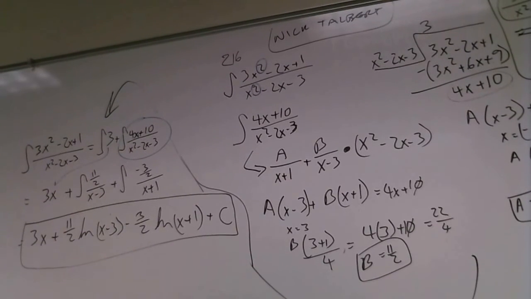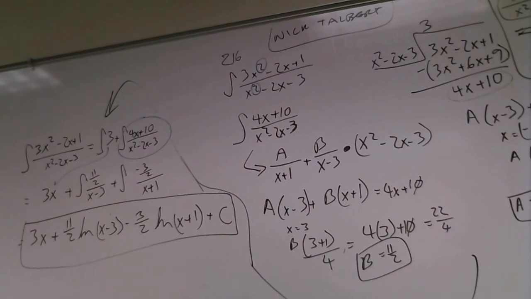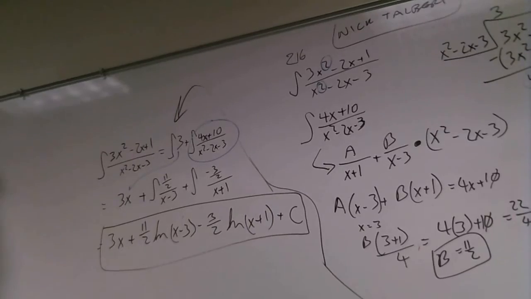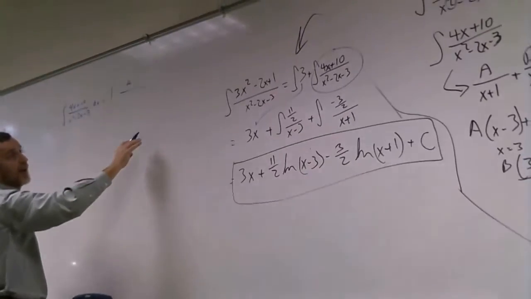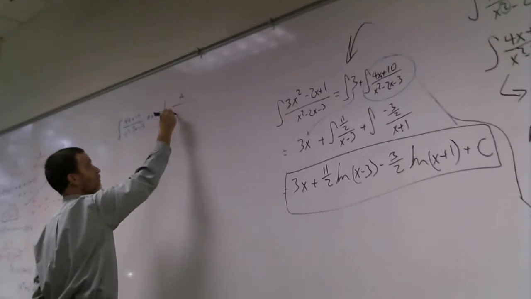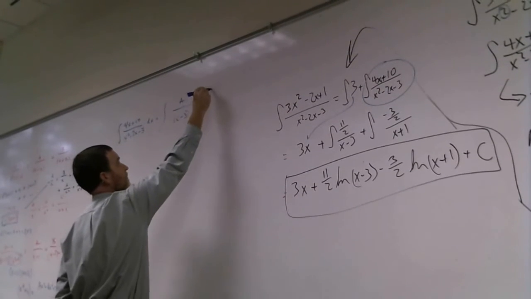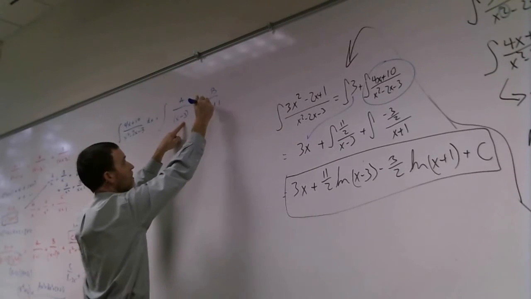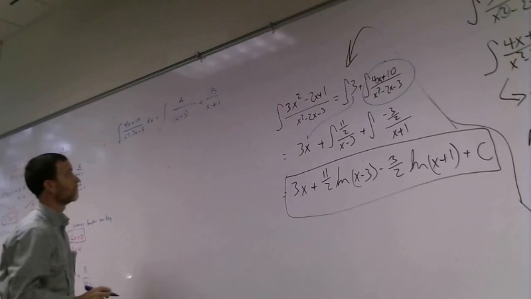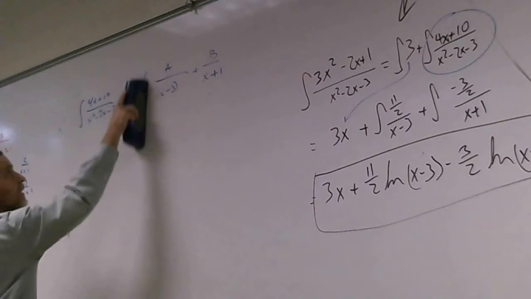Okay, so now I want to talk about that (4x plus 10) over (x squared minus 2x), which we figured out is the same as A over (x minus 3) plus B over (x plus 1), because that's x squared, that's negative 2x, that's minus 3.